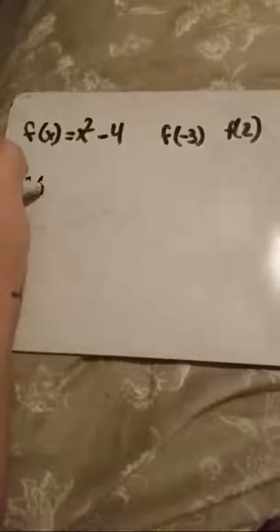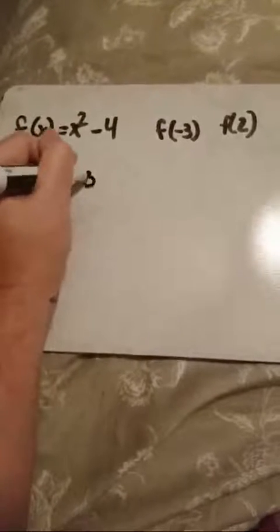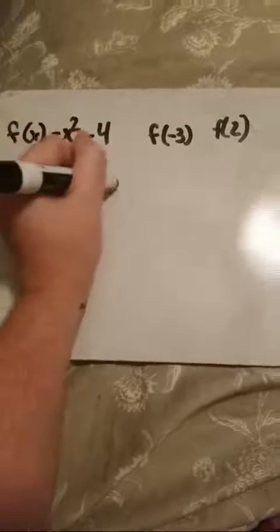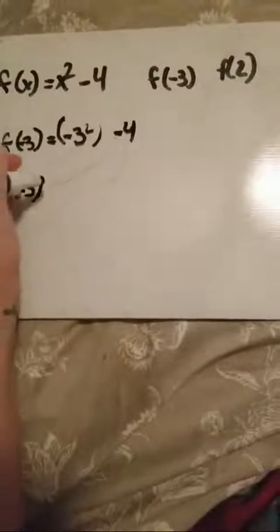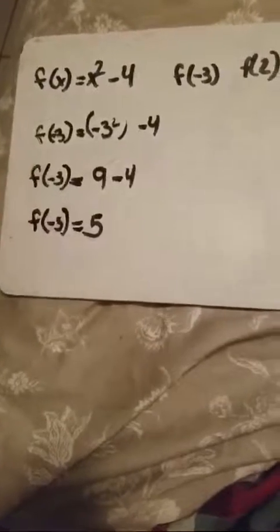So we're going to do f of -3 first. f of -3 equals (-3) squared minus 4. Well, -3 times -3 is 9, minus 4, so f of -3 equals 5, which means that if I put -3 into this function, I'm going to get 5 out of it. Like a machine. I put it in, I get it out.